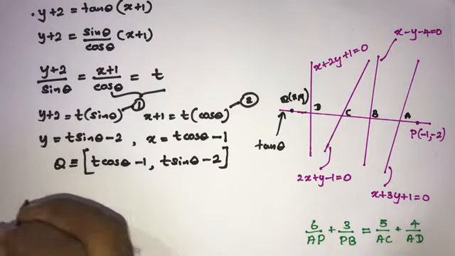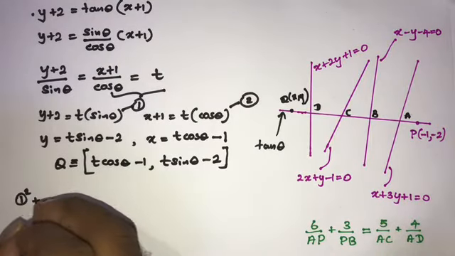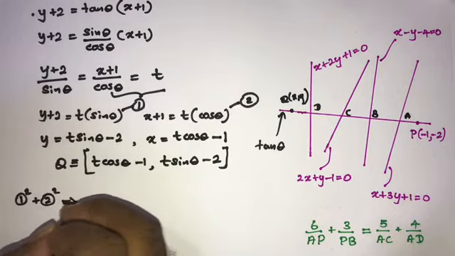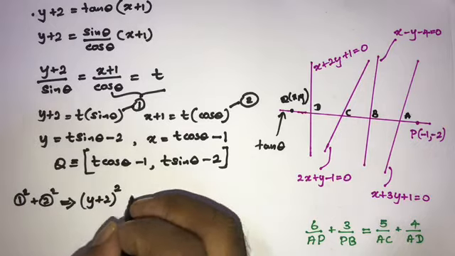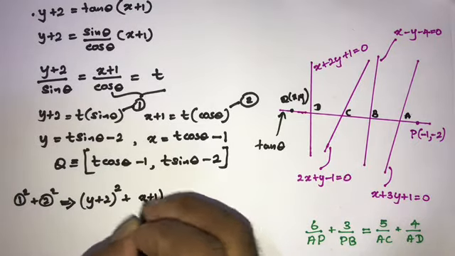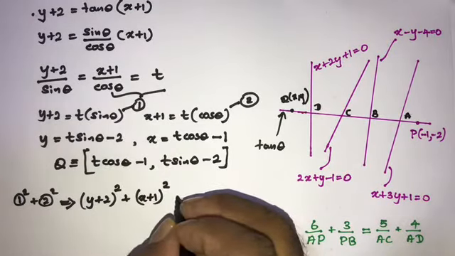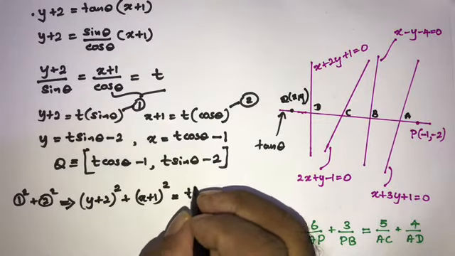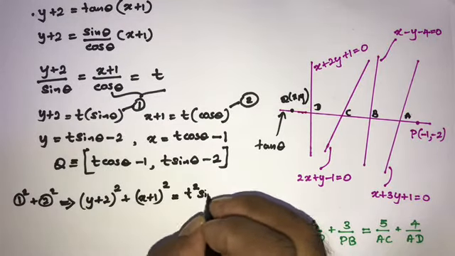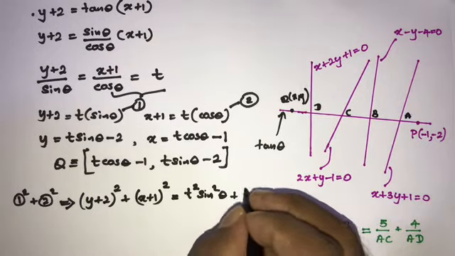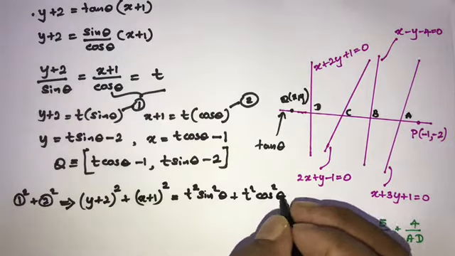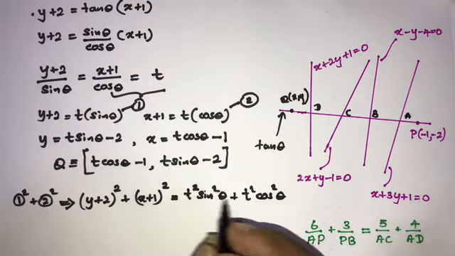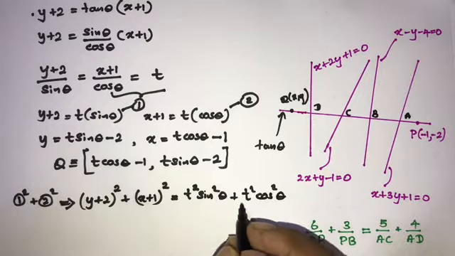Now if we take equation 1 squared plus equation 2 squared, this is y plus 2 squared plus x plus 1 squared, which is equal to t squared sine squared of theta plus t squared cosine squared of theta. Taking t squared as a factor, sine squared of theta plus cosine squared of theta is equal to 1.